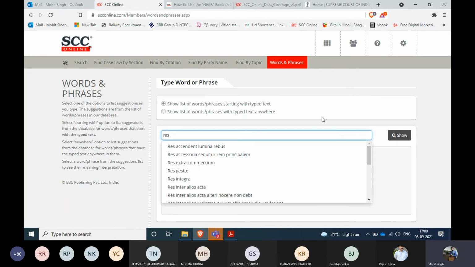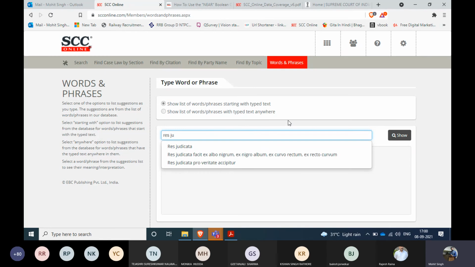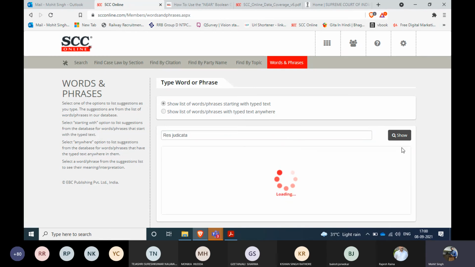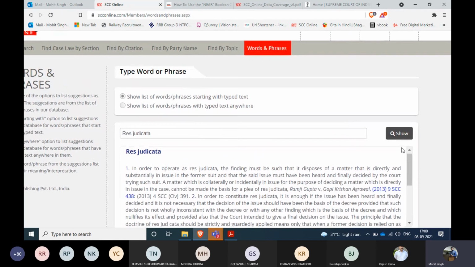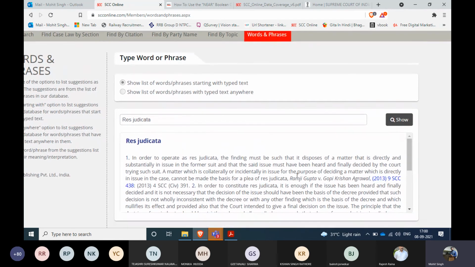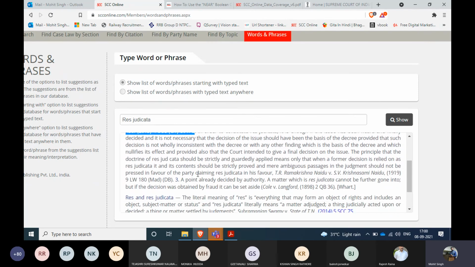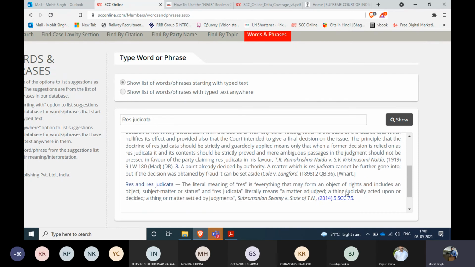So let's take res judicata for example. There you go. This word res judicata was defined by a judge in a judgment of Ramji Gupta versus Gopi Krishnan Agarwal. That is why you're getting this definition. And this same word has also been defined in the Walton Dictionary of Law, and that is why there's an abbreviation of it.